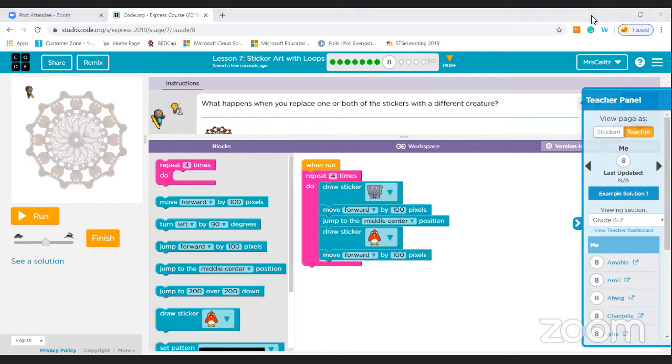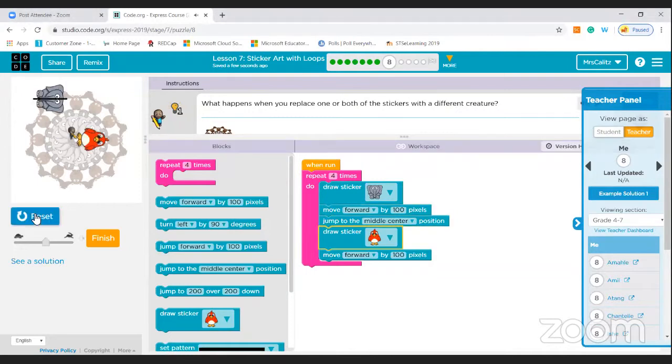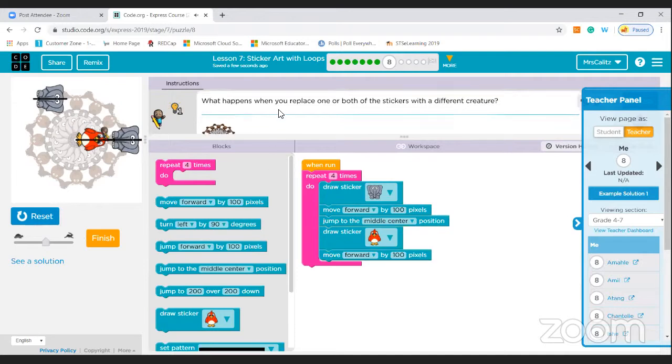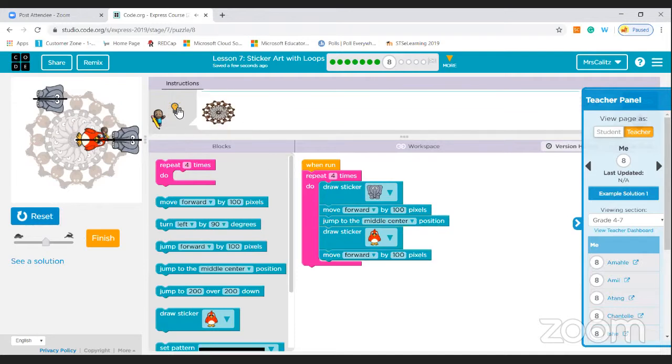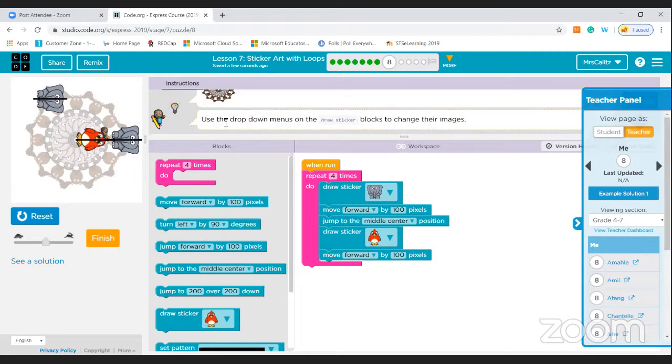Oh, wow. Look at this image that we're going to do now. What happens when you replace one or both of the stickers with a different creature, do you guys think? What's going to happen? Let's get a clue. Do you want a hint? Use the drop-down menus on a draw to change the images.